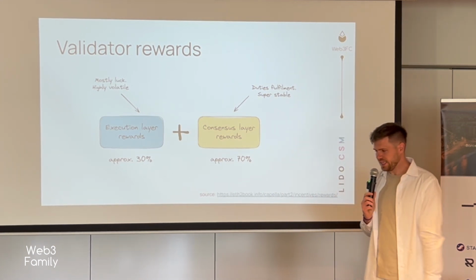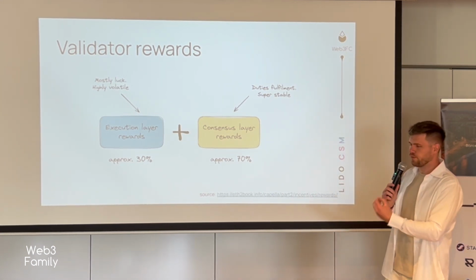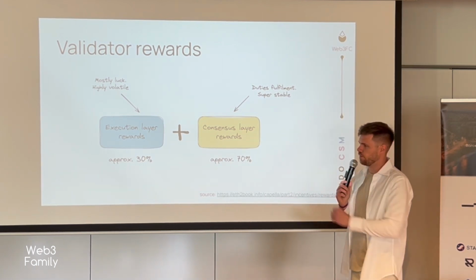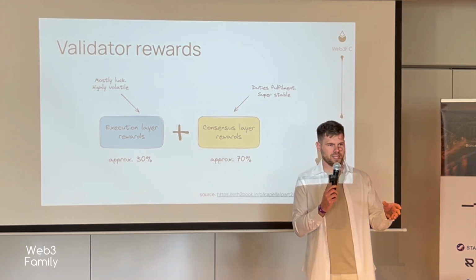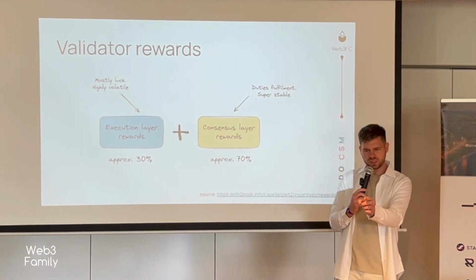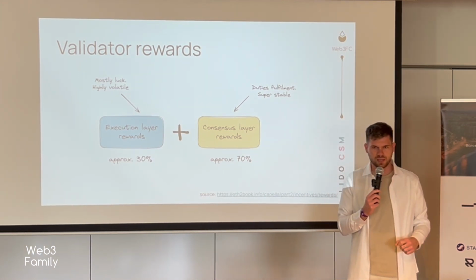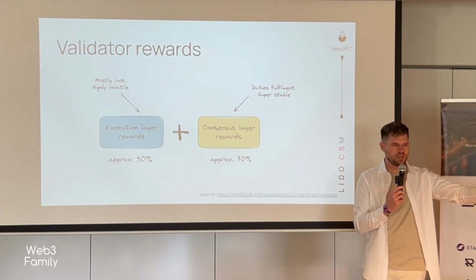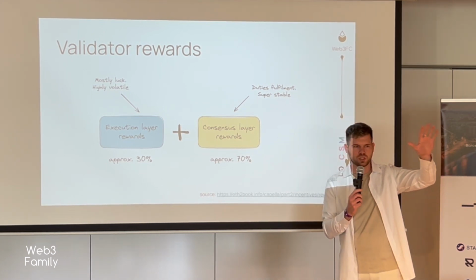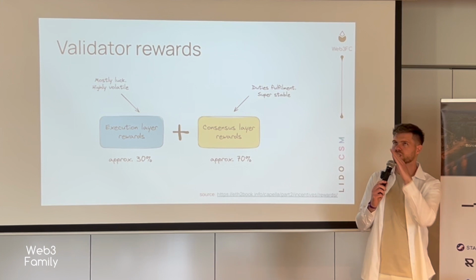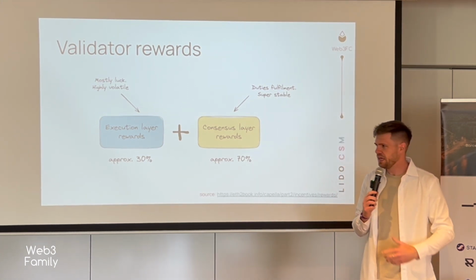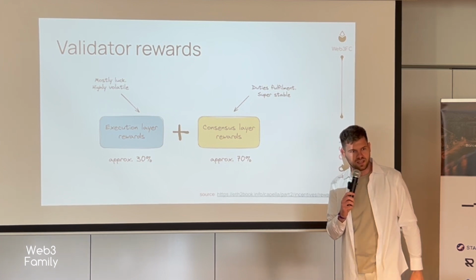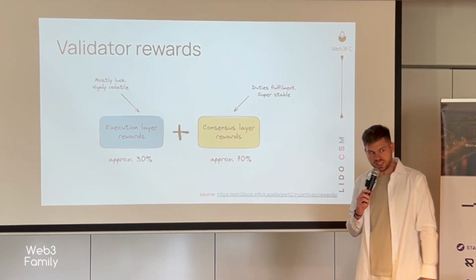But the problem is you never know beforehand how much of the execution layer rewards you would get. You might be super lucky, and by the time it is your turn to produce a block, the network activity will be enormous. Gas fees will be super high, priority fees will skyrocket, and also juicy MEV from the relay, and you will get, I don't know, 10 ETH in one block. It is possible.